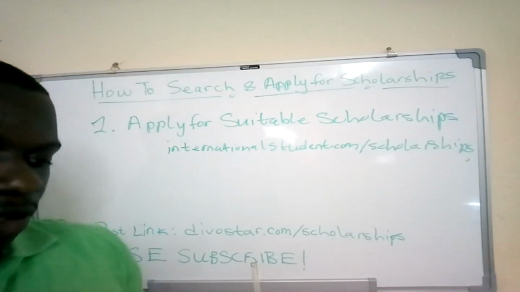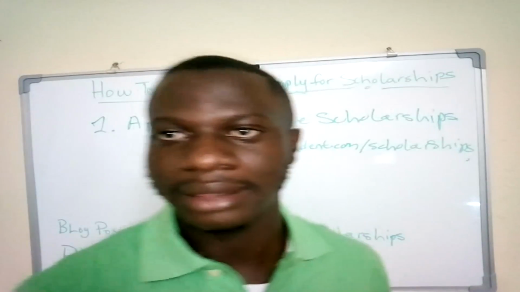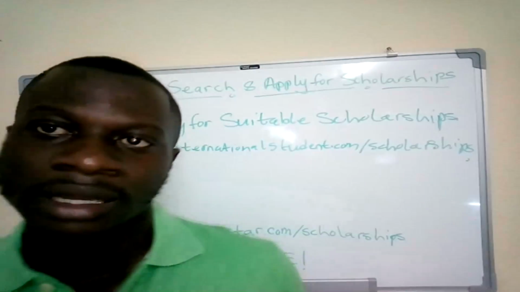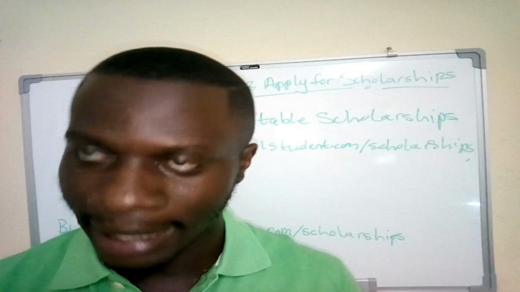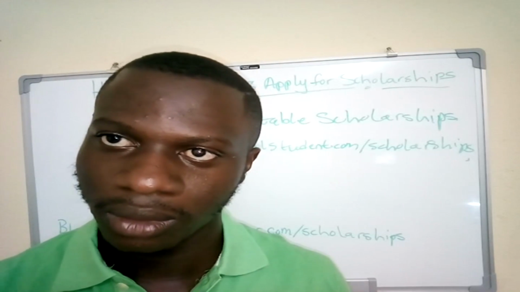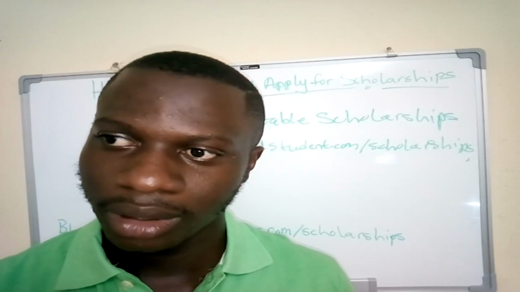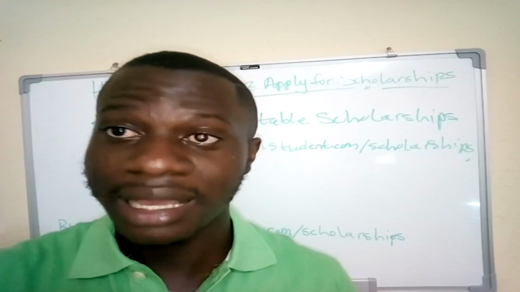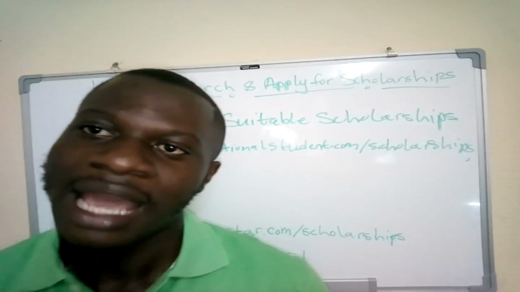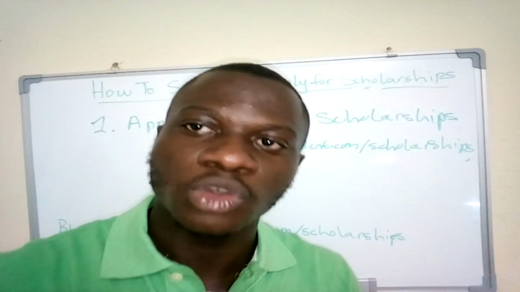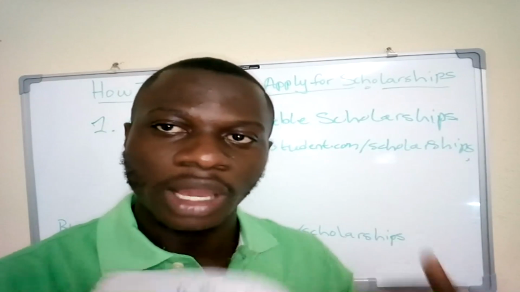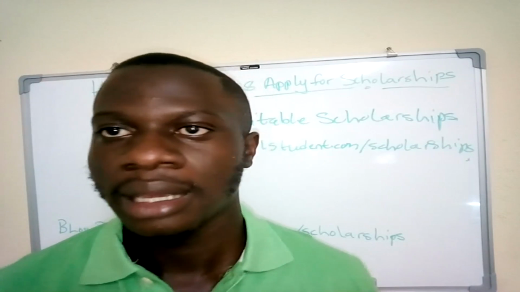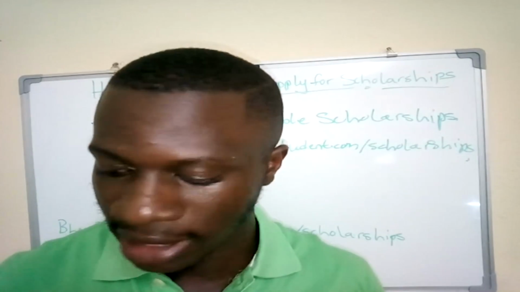So on this website, you can go in and select the country where you want to do your scholarship, select your home country, and then select the program that you want to study, and you'll be given relevant results. You'll be given lists of scholarships that are eligible for your country, right, and for the program that you selected.